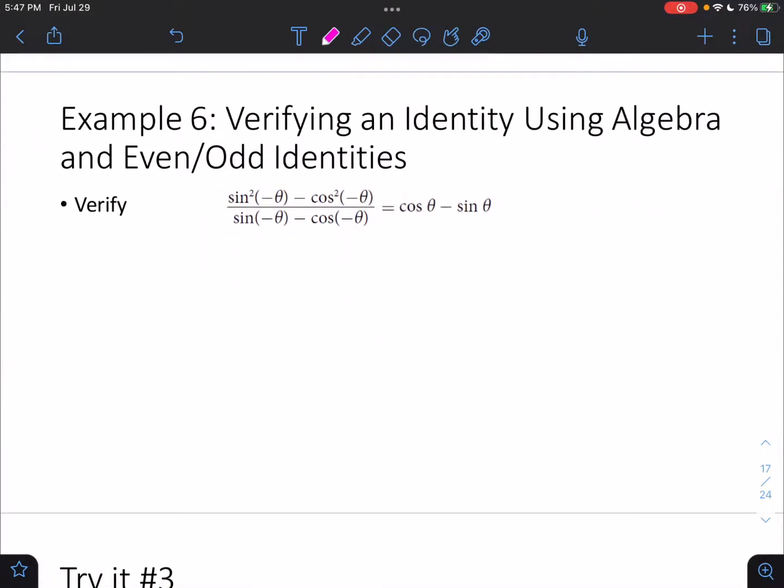All right, we're going to continue with our work in even and odd identities. So we're going to bring them back. So remember, cosine and secant were the only functions that are even.